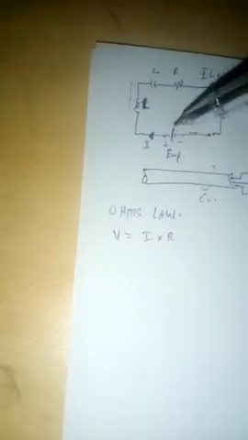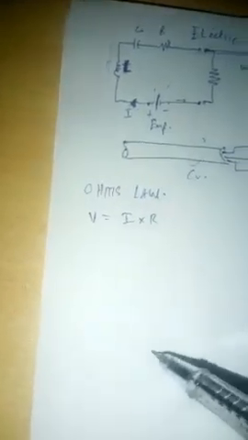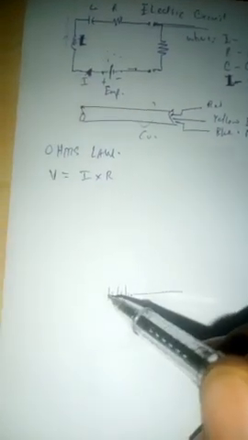This is a cell, but when we have more than one cell, it becomes a battery, an arrangement of cells together.